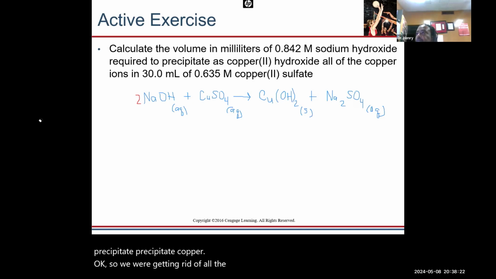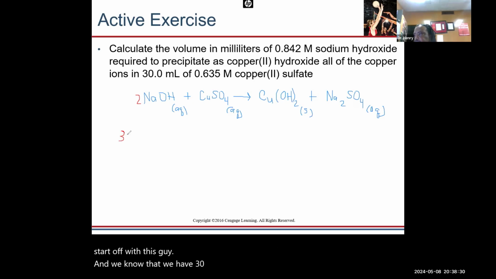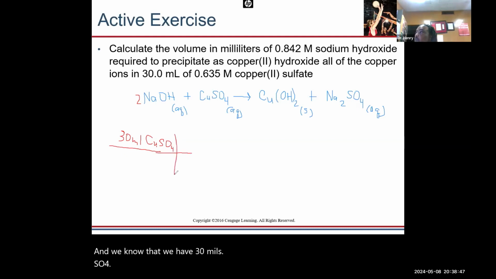We're going to start off with this guy, and we know that we have 30 mL of CuSO4. Okay, we have the molarity of it.